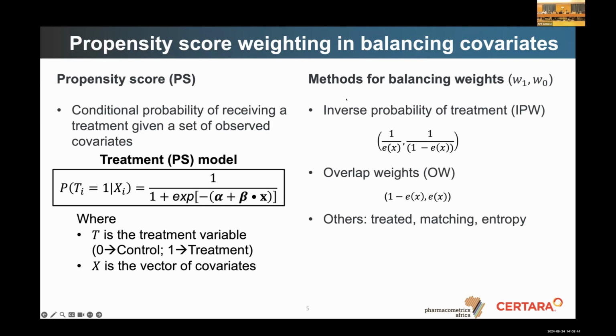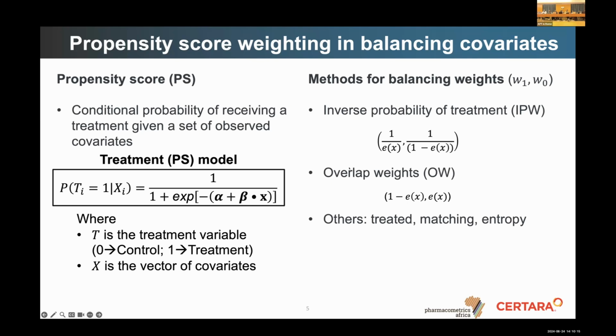There are different methods for balancing weights regarding propensity scores. So you have here in brackets, W1 weights 1, and then weights not, representing how you would attempt to balance the two treatment arms. So there are several approaches, and one of them, you have the inverse probability of treatment weighting, which is very commonly used. Then you have the approach where you perform overlap weights with this expression given here.